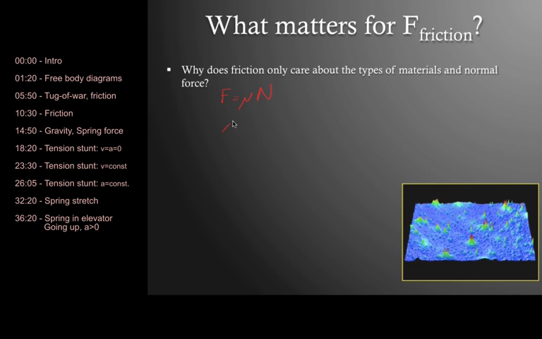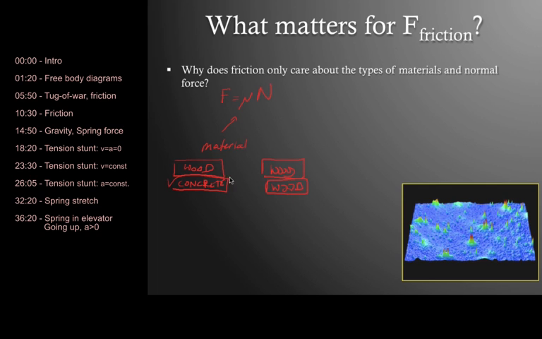Now this mu is basically a material property. And it doesn't even depend just on which surface we have. It depends on both surfaces together. So for instance, we can have a block of wood on concrete. And then we can have wood on wood.